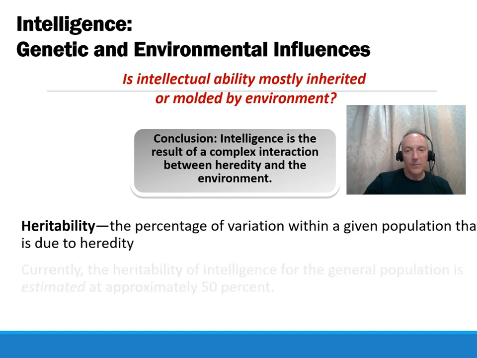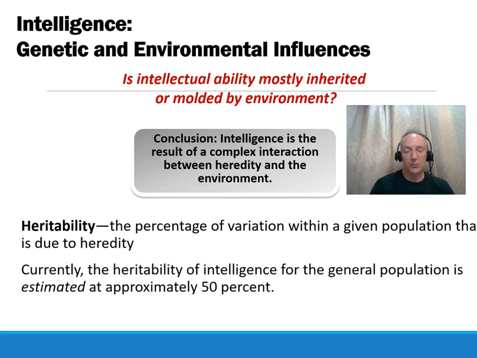So the best way to approach intelligence is that it's probably a 50-50 contribution of genes and environment. It's not just one thing. It's this complex interaction of what you're born with, but also the experiences that you have had.